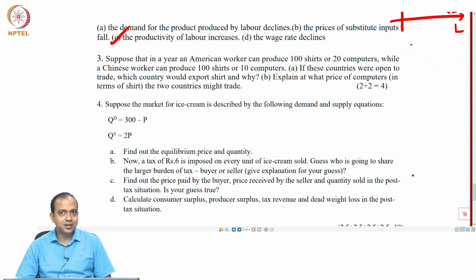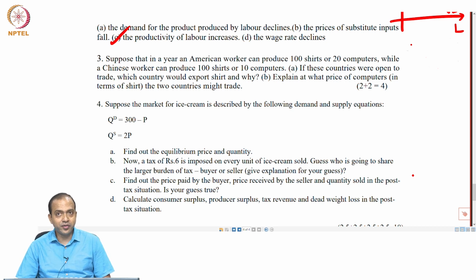But we learned that even though a particular country may have absolute advantage in both the commodities, it is still possible to have trade with other countries because of the other basis of trade, which is called comparative advantage.